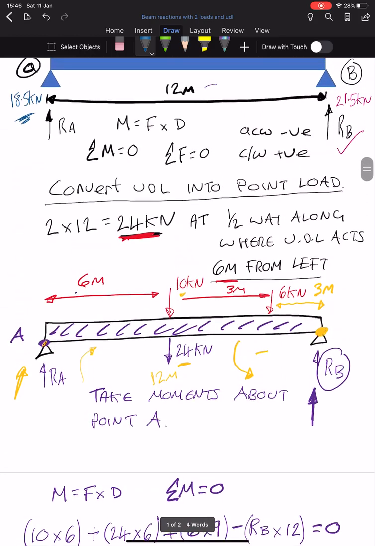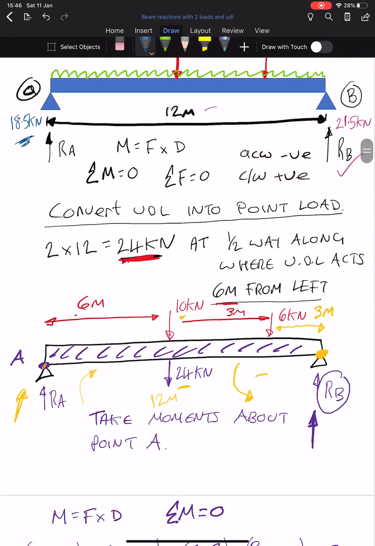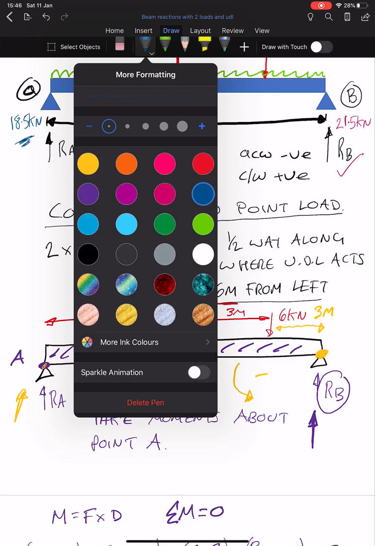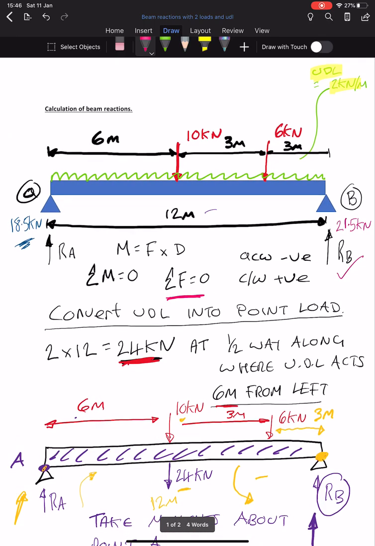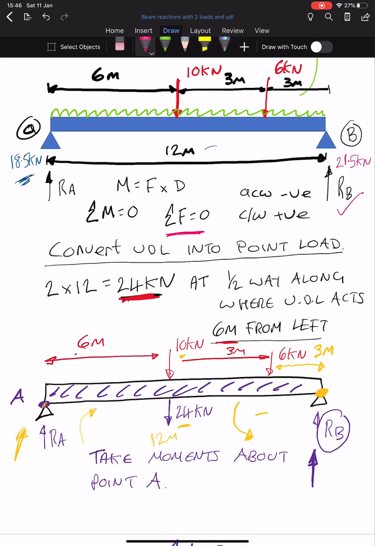The sum of the forces equals 0. So the sum of the forces has got to equal 0. So whatever comes down has got to go up.